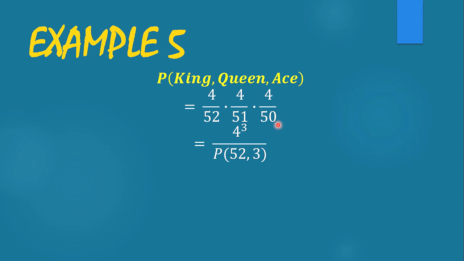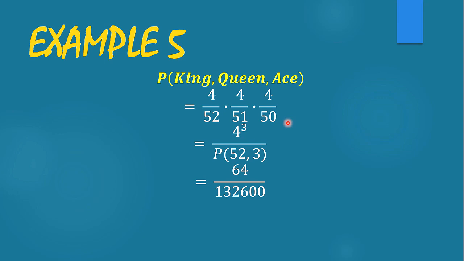Since you have noticed, we have 52 times 51 times 50. So we can have 4 cubed, that is 64, over our given 52 times 51 times 50, which is equal to 132,600.